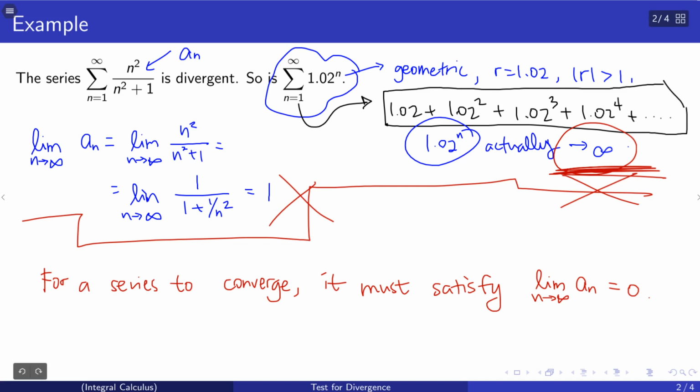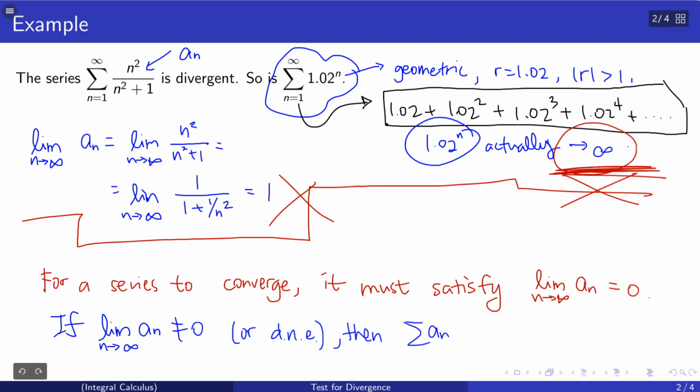And so this is called a test for divergence. Because as we see from the first two examples here, if you can determine that the limit of the sequence a sub n is non-zero, or maybe the limit doesn't exist, maybe it oscillates between two numbers, for instance, then the series diverges.